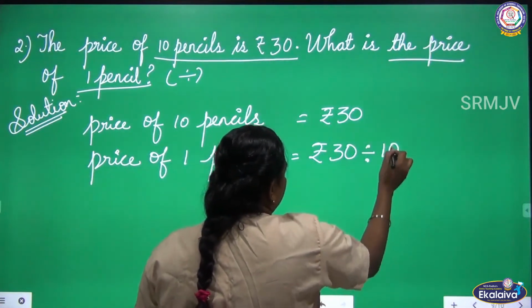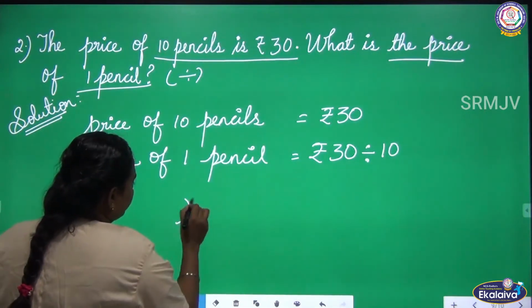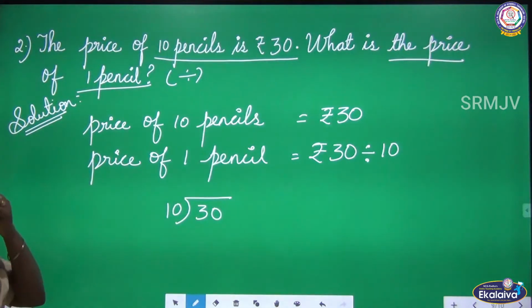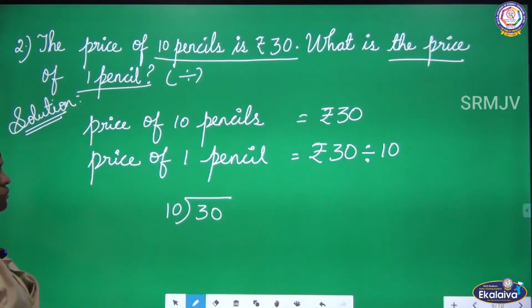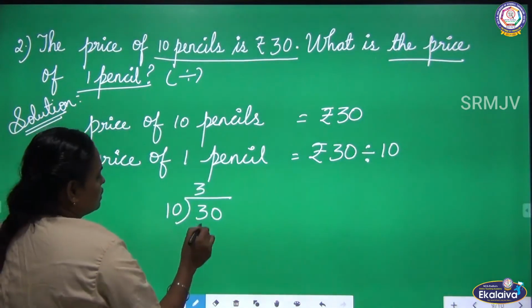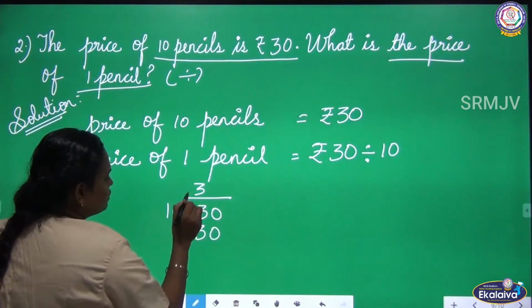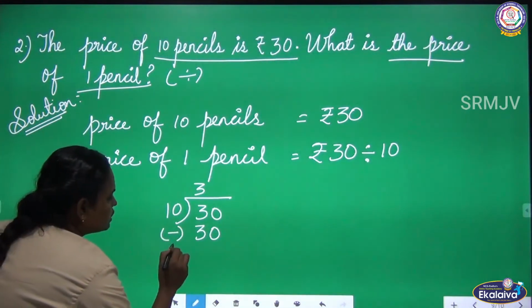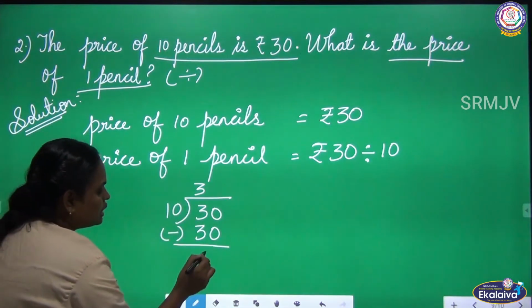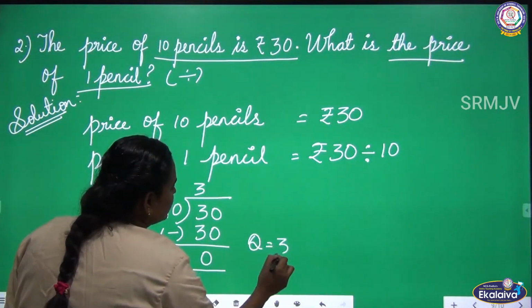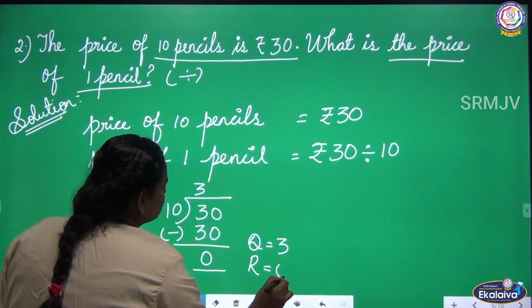So you write 30 by 10. In 10 table how many times 30? 10 ones are 10, 10 twos are 20, 10 threes are 30. So you write 3 in the quotient, then 30 here. We are going to subtract, 30 minus 30 is 0. So quotient is 3, remainder is 0.